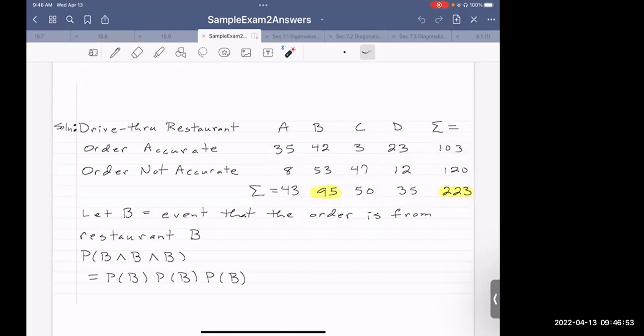So I want to find the probability that the first one that I pick is from restaurant B. Well, 95 of the orders are from restaurant B out of a total of 223 orders. So it's 95 out of 223.